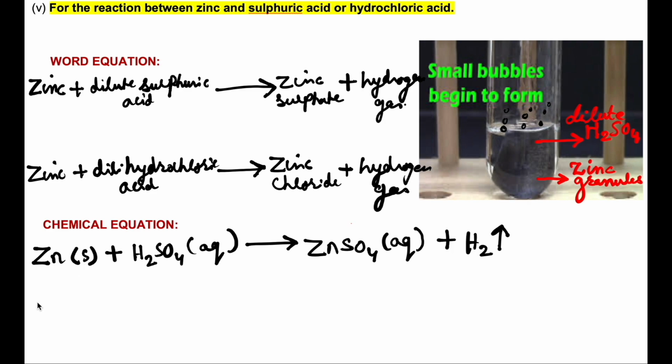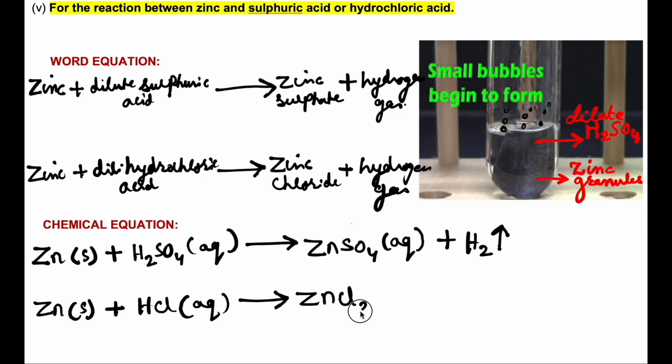And the chemical equation for the same will be written as zinc, solid in nature, plus HCl, since it is dilute so aqueous is written, reacts to form ZnCl2, aqueous in nature, plus H2 gas is evolved so an arrow pointing upward is written.